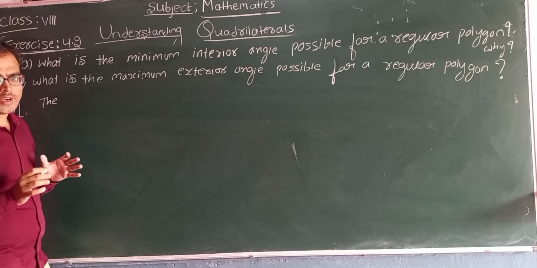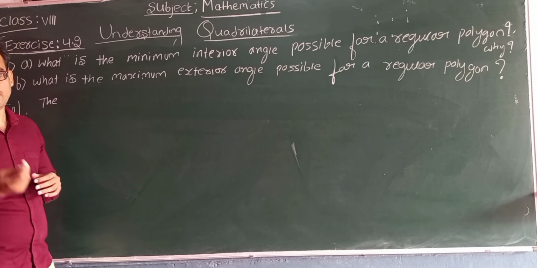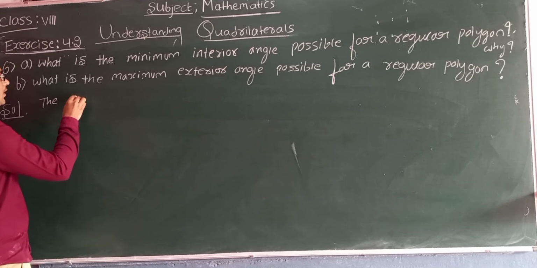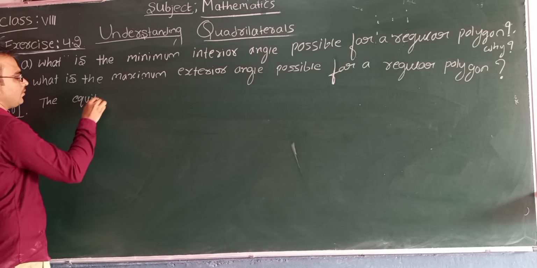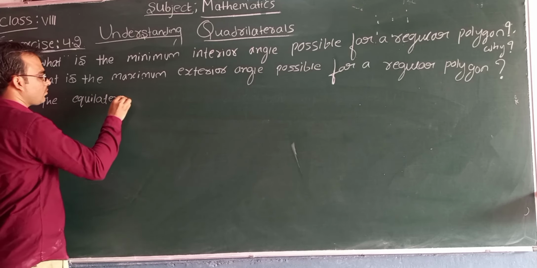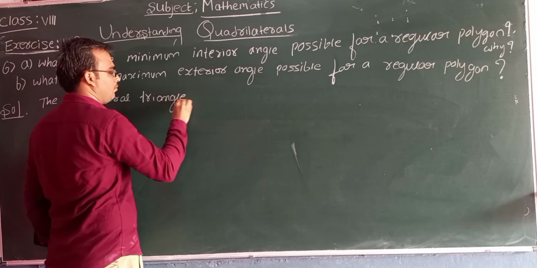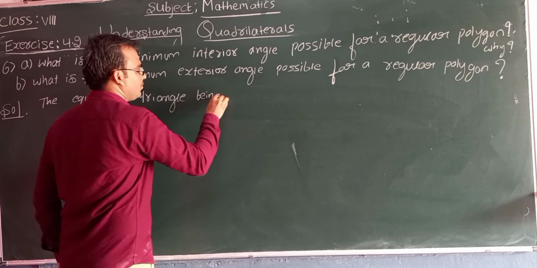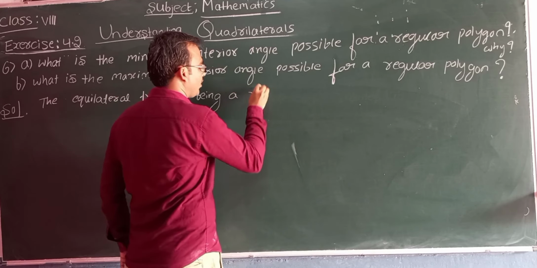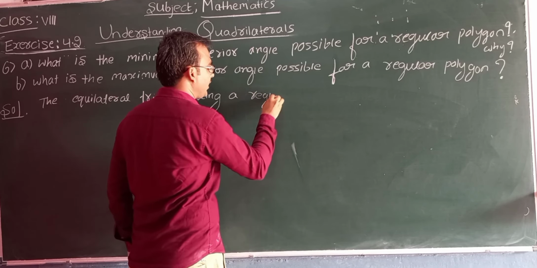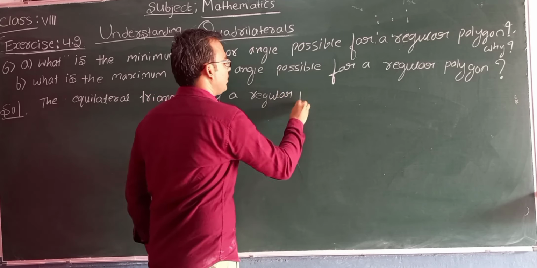In an equilateral triangle, 3 sides are equal and 3 angles are equal. The equilateral triangle is a regular polygon.